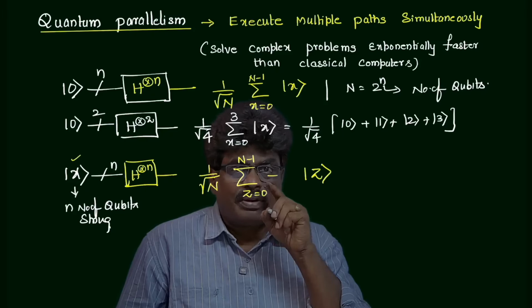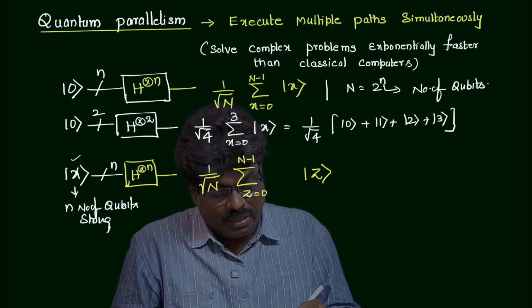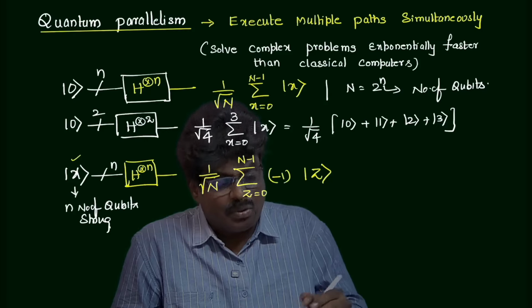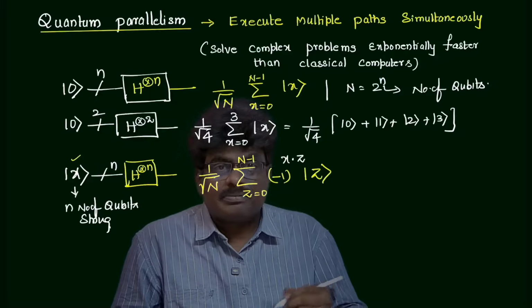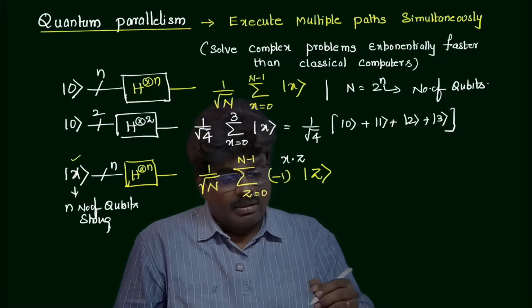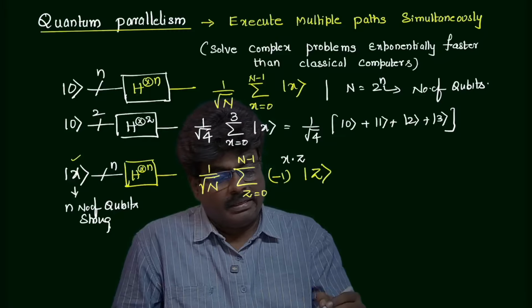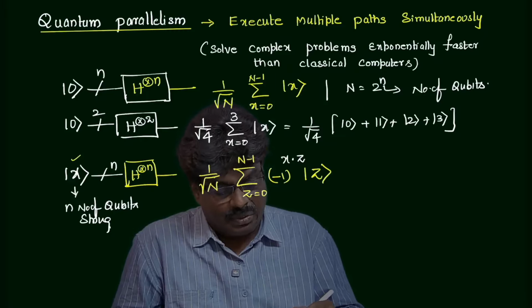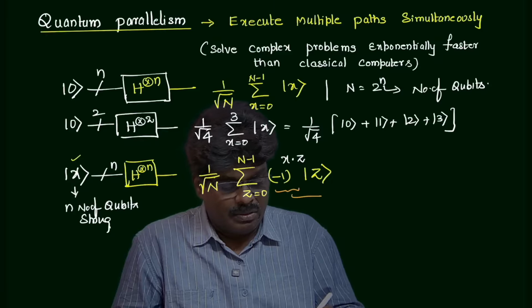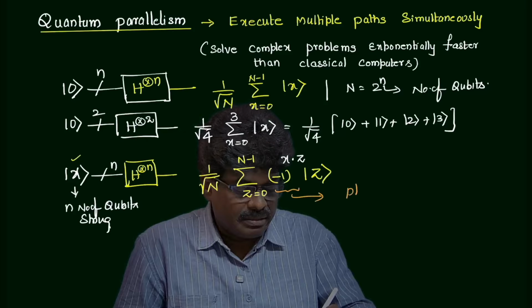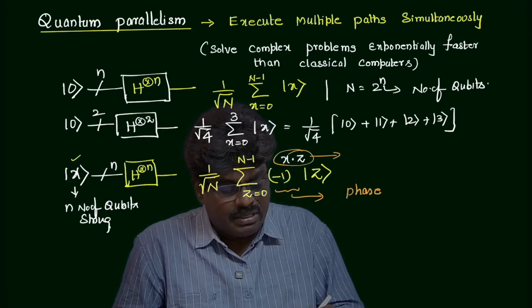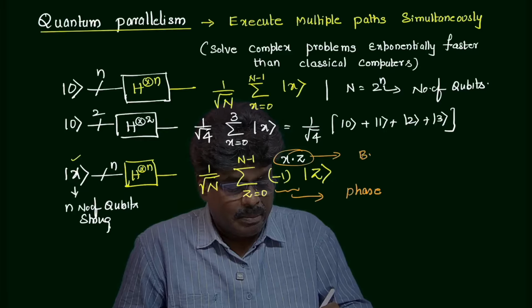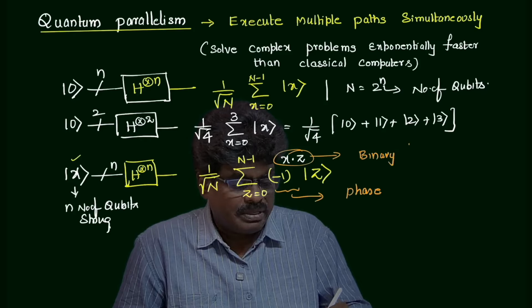But here one phase factor will come, that is minus 1 to the power x dot z. This is very important. This is nothing but a phase, and x dot z is nothing but the binary dot product.